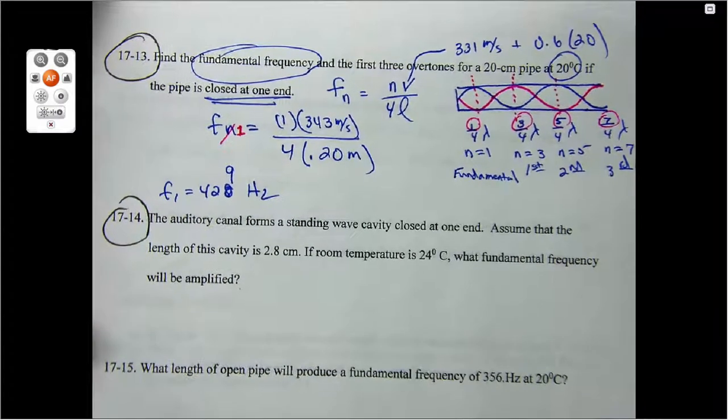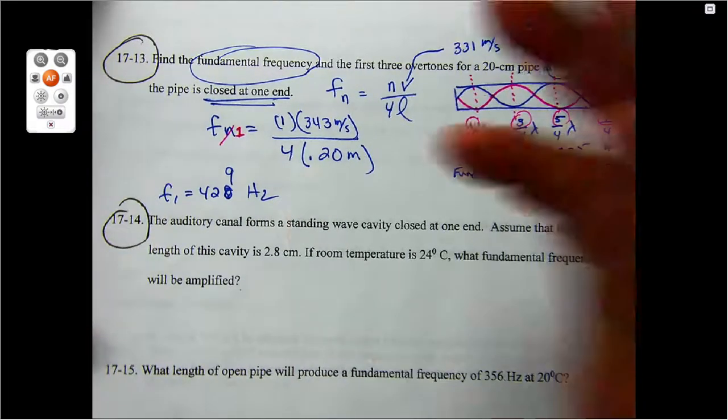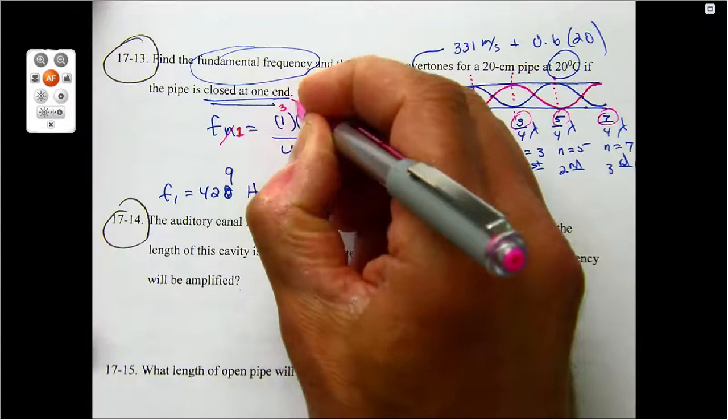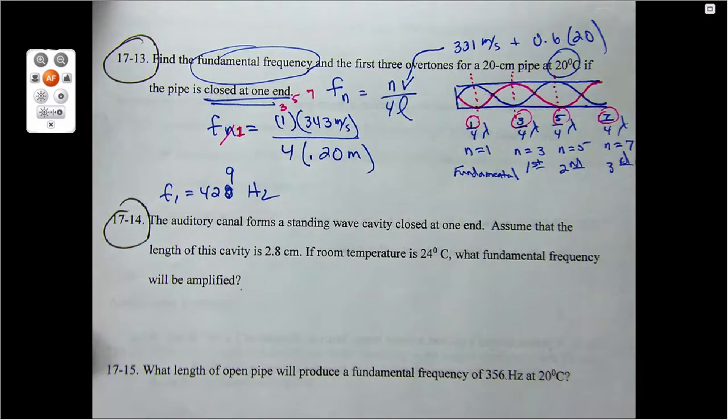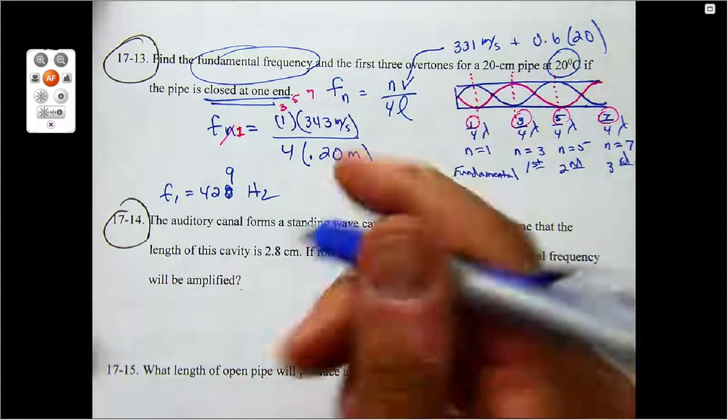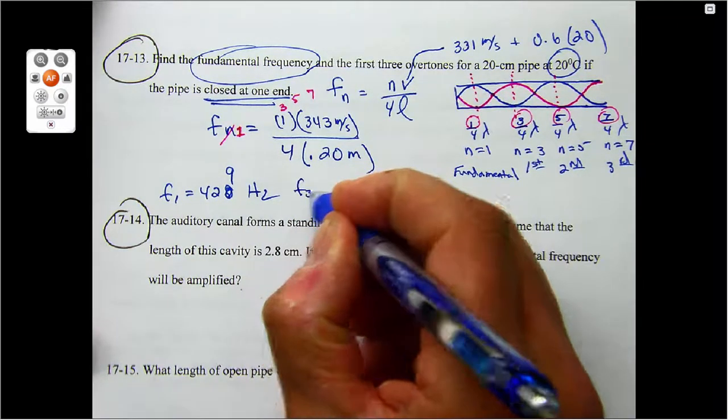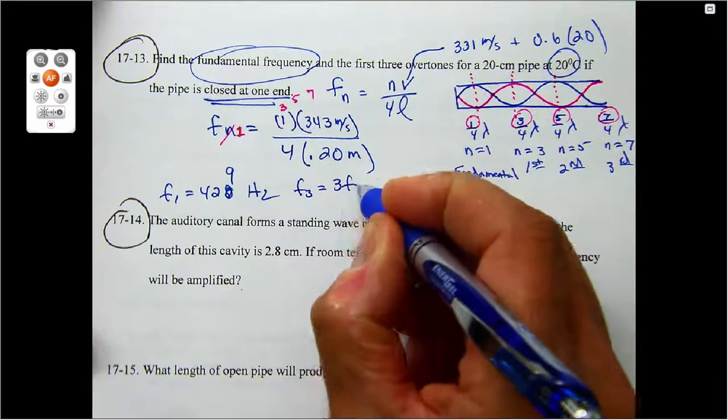Now I change this to the third harmonic. All I have to do then is F3 equals 3F1.